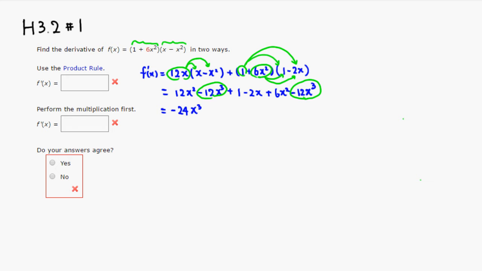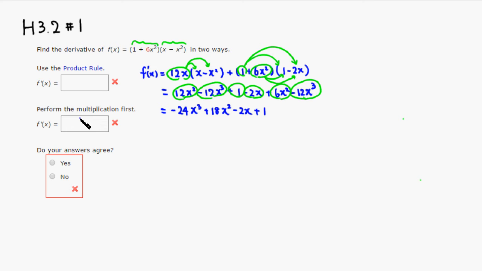Then the x squared term, you have a 12x squared and a 6x squared, so that will give us a positive 18x squared, and then we have a negative 2x, so it's minus 2x, and then we have a plus 1. So we got that, and perform the multiplication first.